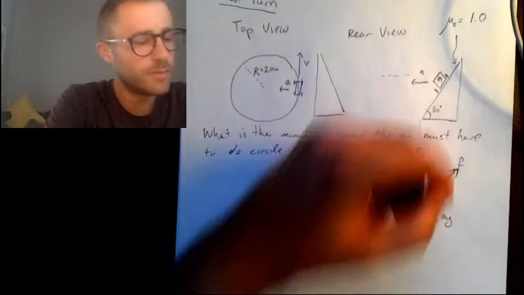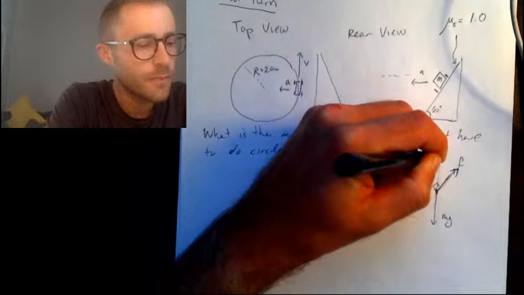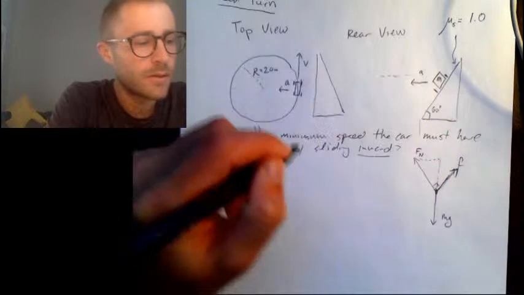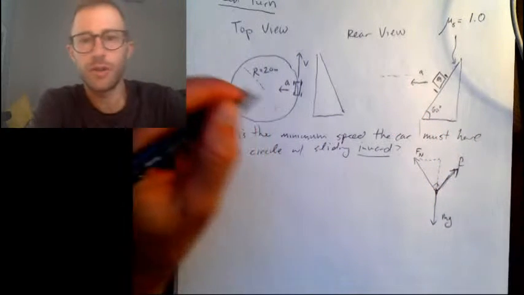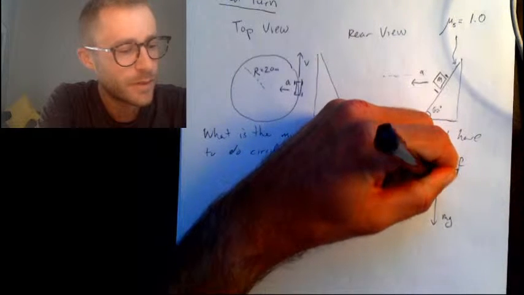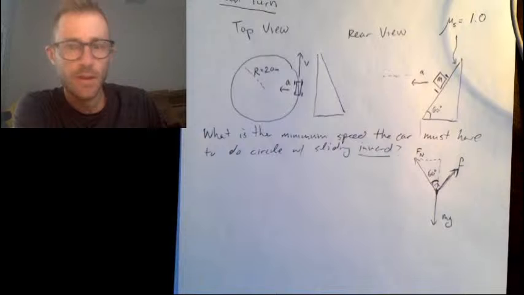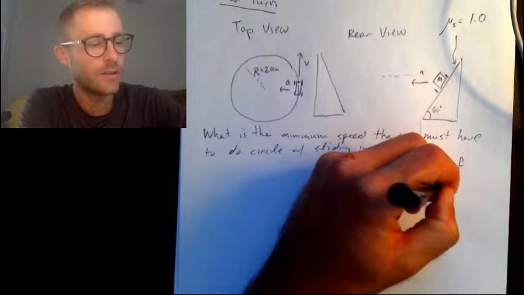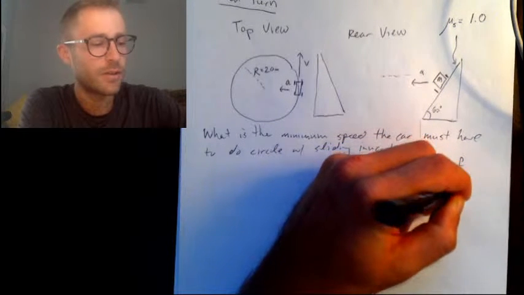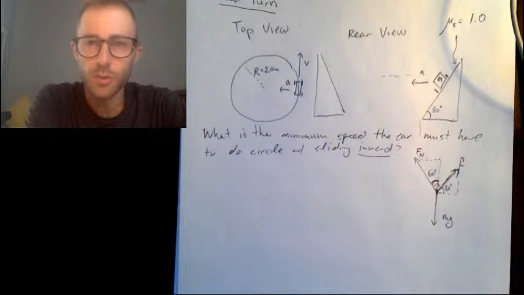Now, if you do the trigonometry here, you will find that this angle is 60 degrees, and you will find that this angle is 60 degrees. So why is that?